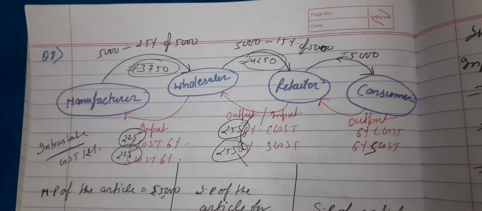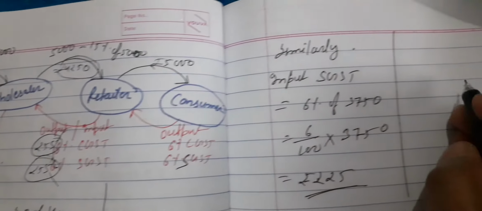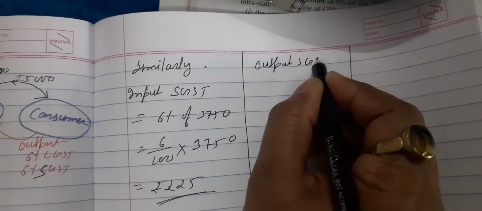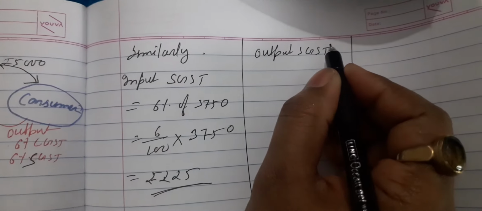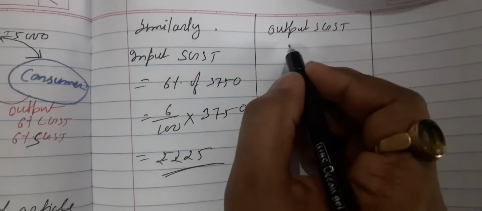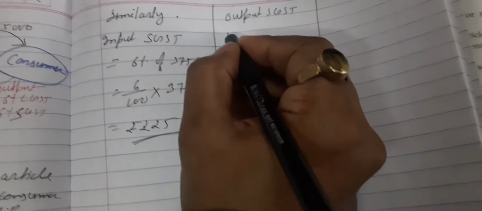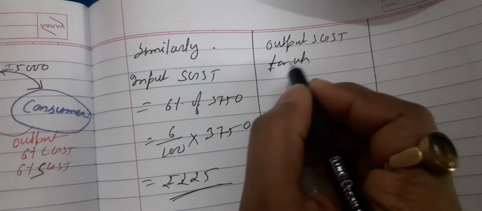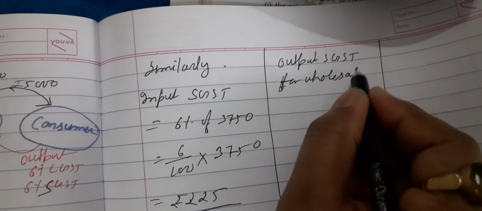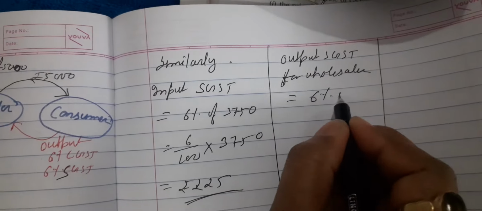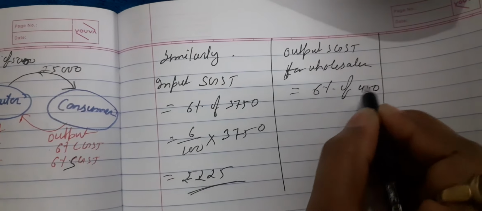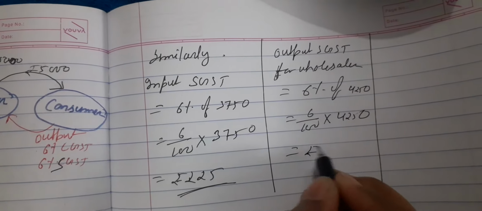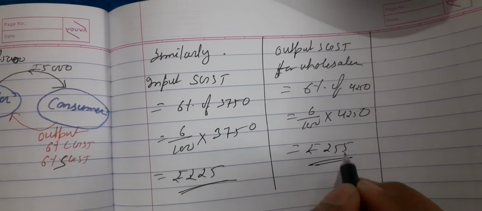So we are going to do that. Output SGST for wholesaler is equal to 6% of, again 4250, that is 6 upon 100 into 4250, this will be rupees 255.